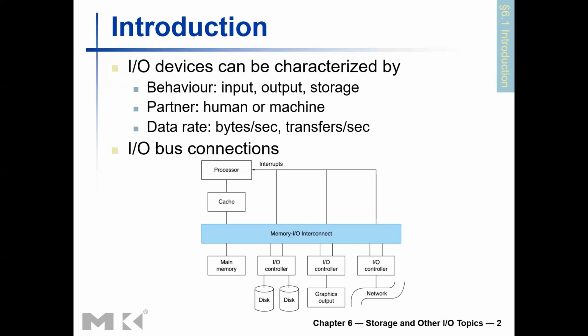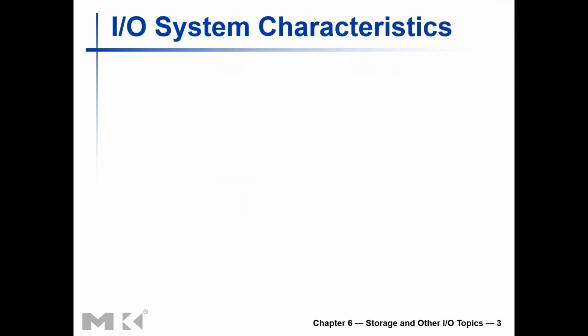On the other side of the bus, we find main memory and 3 IO controllers: one connected to the disk, one connected to the graphic output, and another connected to the network channel, right? So we are talking about the IO system's characteristics.